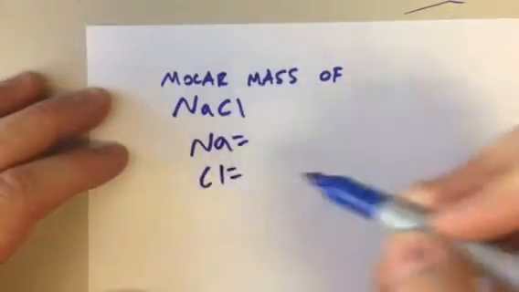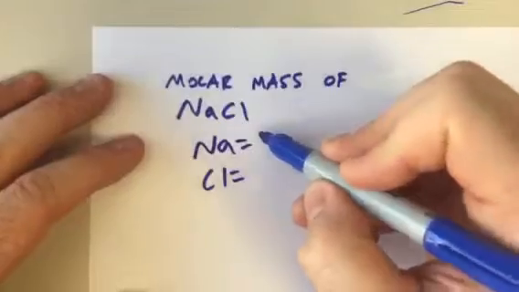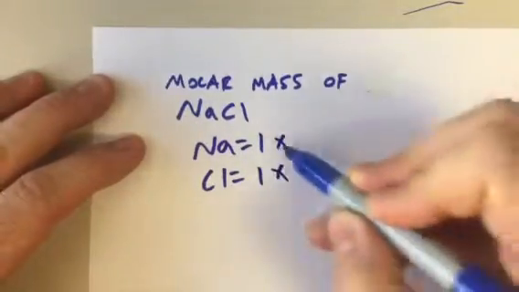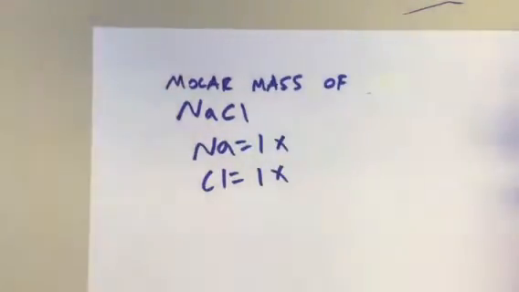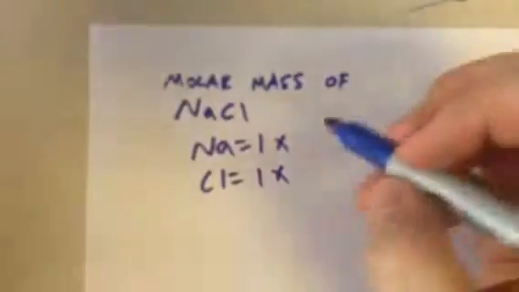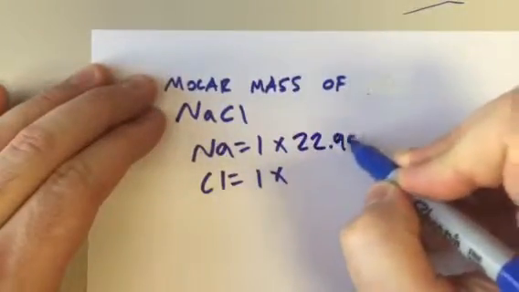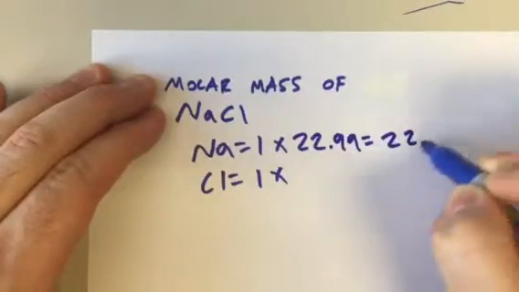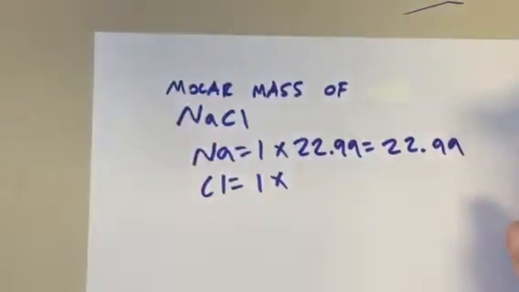Just like the molar mass video, list out the elements that are in this compound, list out how many you have of each, find them on the periodic table, round them to the hundredths place, and let's add them together. So Na on the periodic table, which is right there, is 22.99. That is going to stay 22.99.